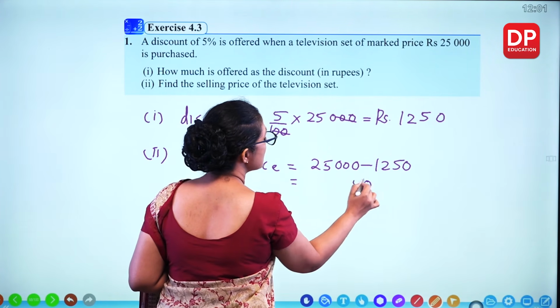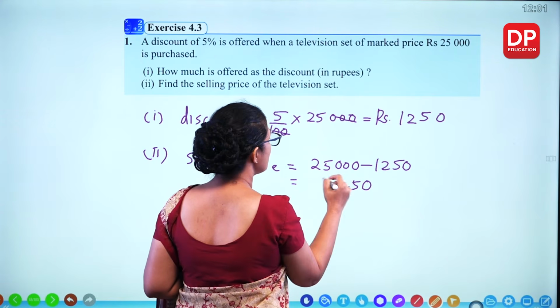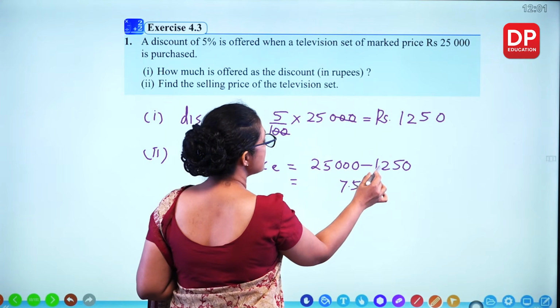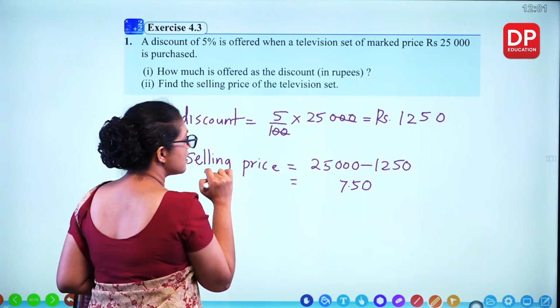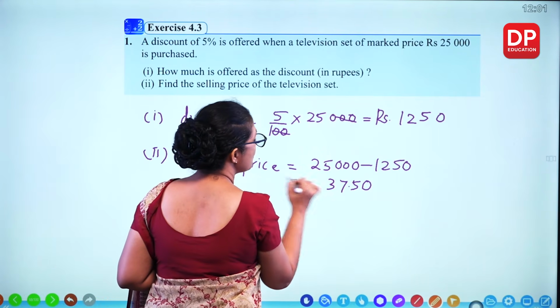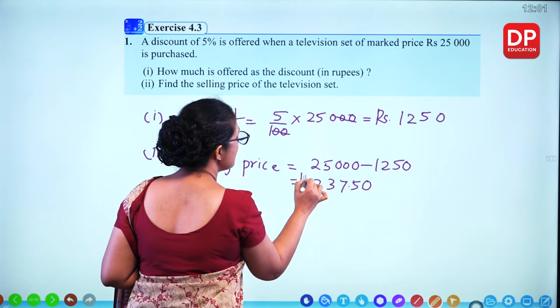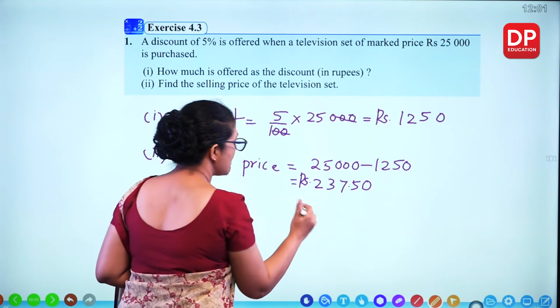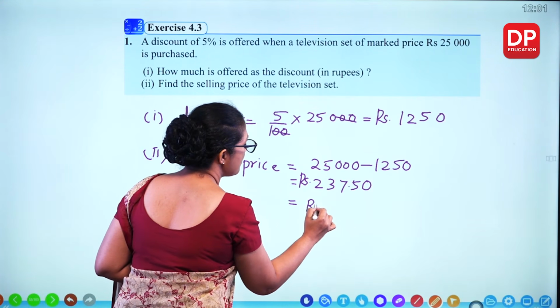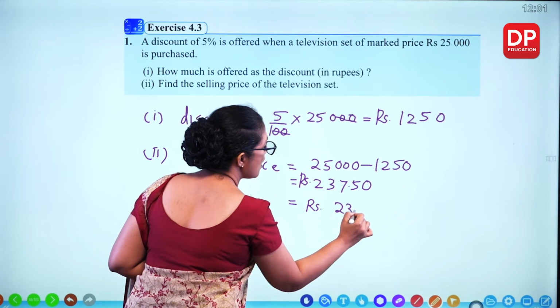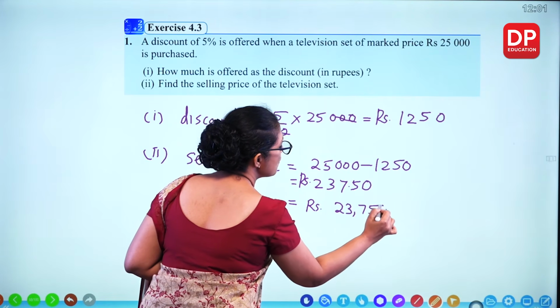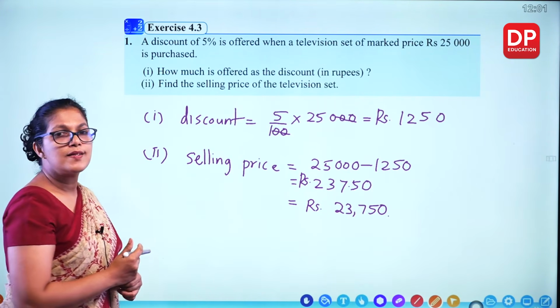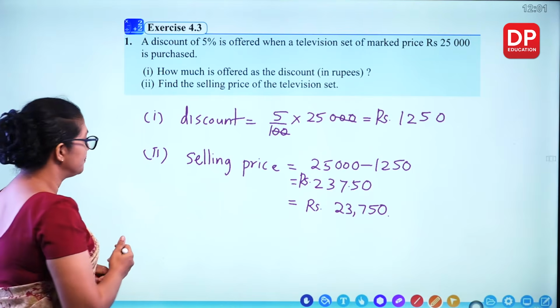So you get 10, so 3, 7, 10, 2, 3, 5, so 23,750. So here I'll write down again, 23,750 rupees is the selling price.